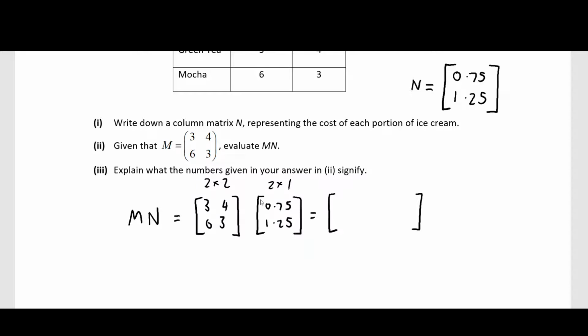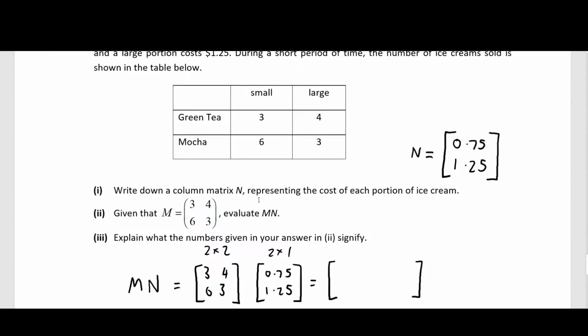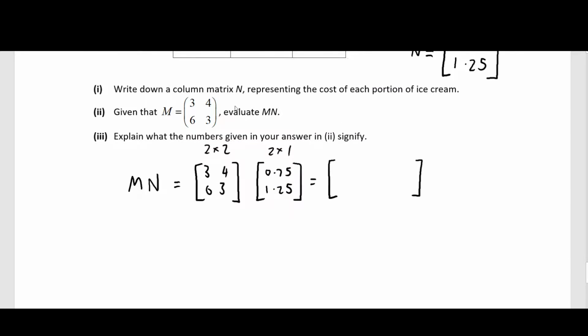So we've got 3 by 0.75. Okay, so that's this green tea, 3 of them. So 3 by 0.75 plus 4 by 1.25, and 6 by 0.75 plus 3 by 1.25. All right. And typing that into your calculator, you're going to get this.